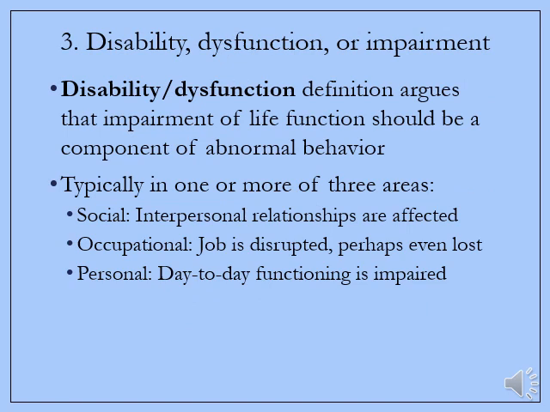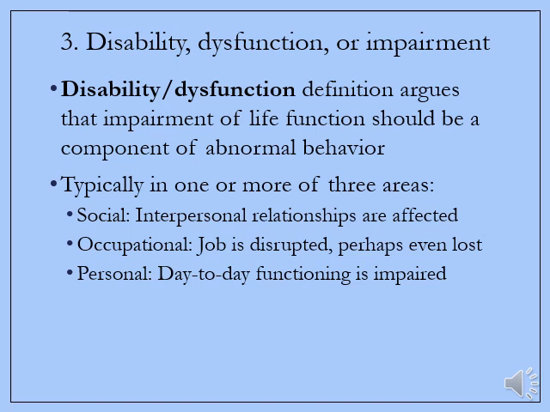Another definition of abnormal behavior is behavior that causes disability, dysfunction, or impairment. Typically, this impairment or dysfunction would be in one or more of three areas. Social or interpersonal relationships are affected. In occupational impairment, the job is disrupted. They might be showing up late to work or not completing the work that they need to, perhaps even losing their job.